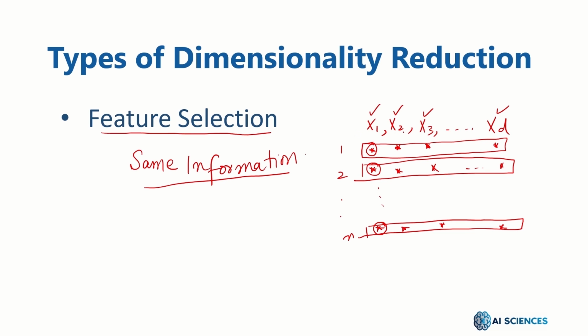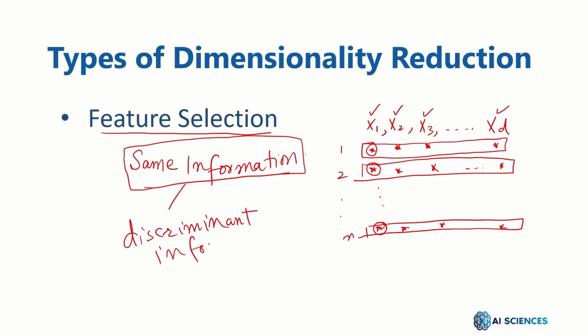whole set of features. The information that we really want to preserve might be the discriminant information, which means the information that is required for classifying these records into certain categories.